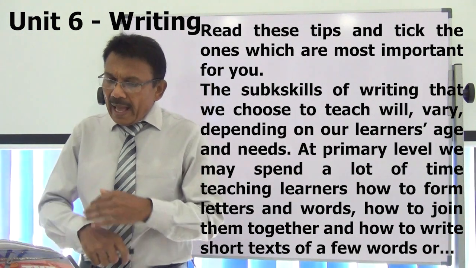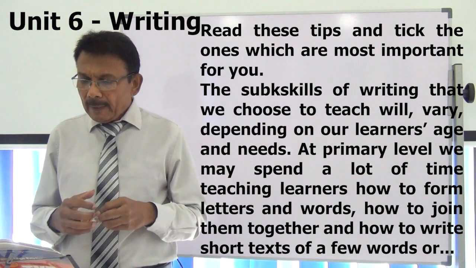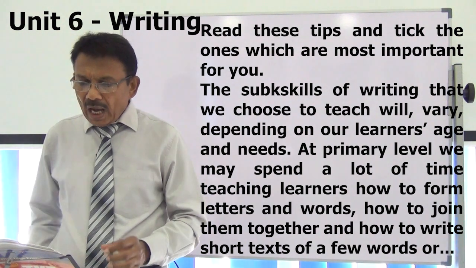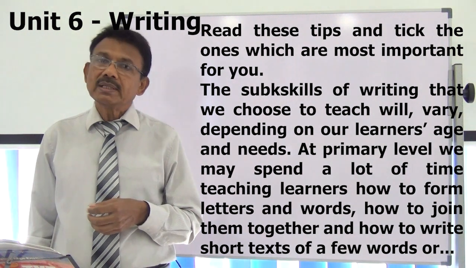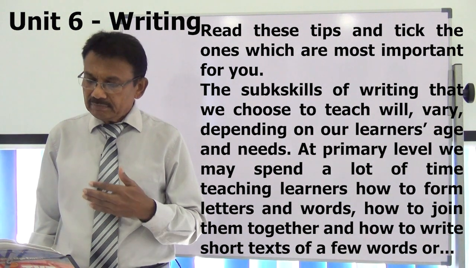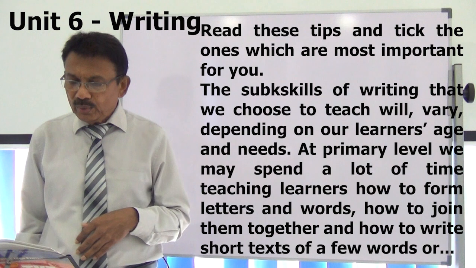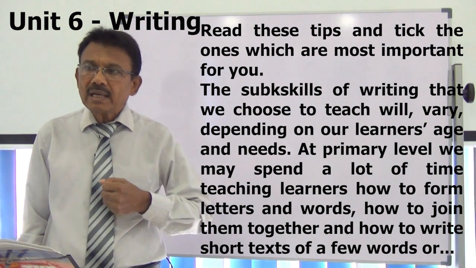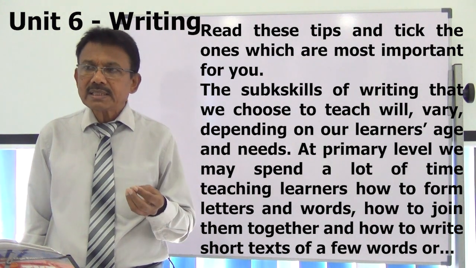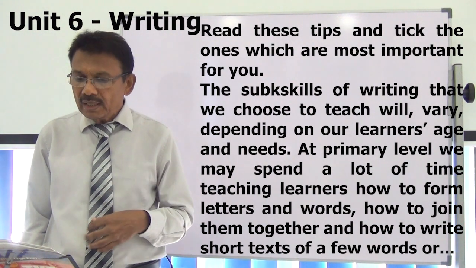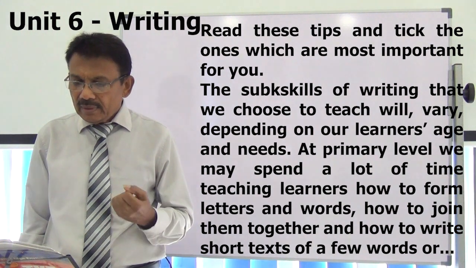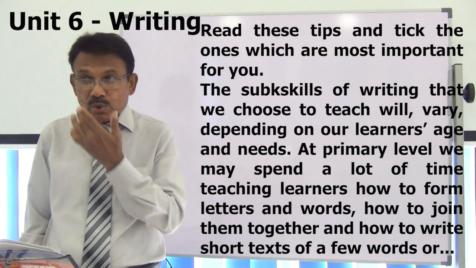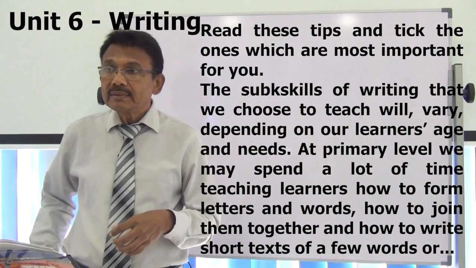So that is it. At primary level, we may spend a lot of time teaching learners how to form letters and words. In primary level, what do we teach them? We teach them how letters are written and how letters are used to form words, okay? Letters and words. How to join them together and how to write short texts, right?